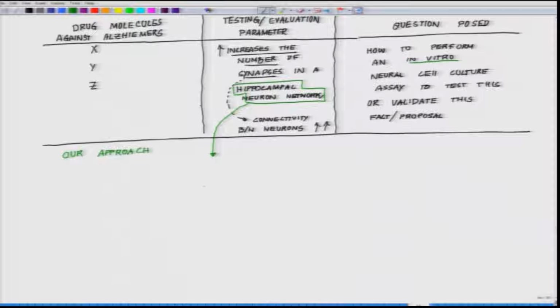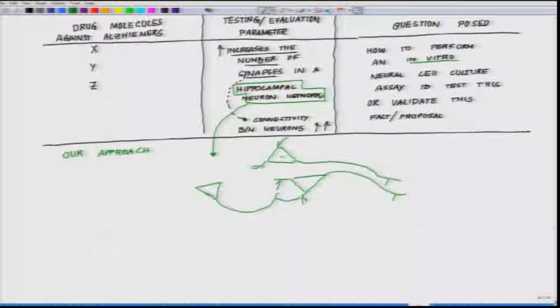So, we reached this far that we have a pyramidal neuron culture system, a random culture system, there is no such order or anything. So, we developed a culture system using fetal 17-day rat, and this is our hippocampal neuron culture.